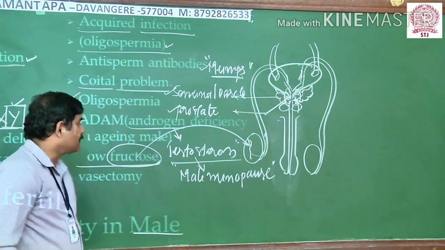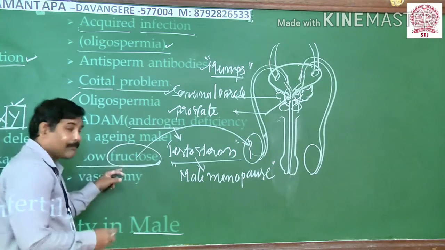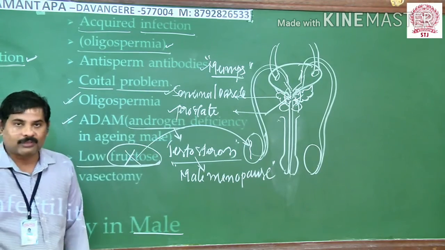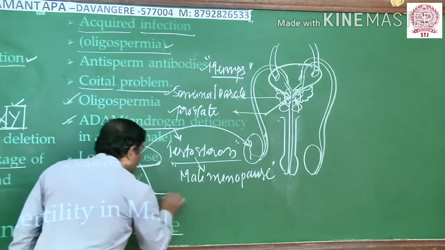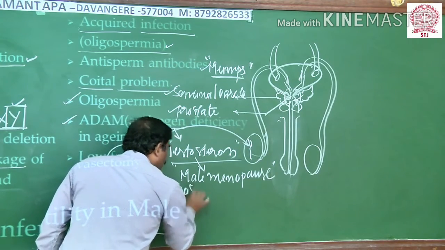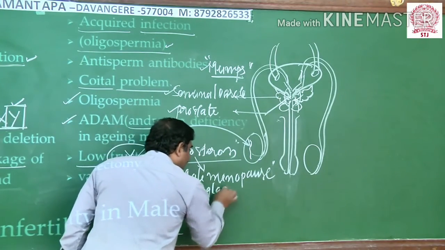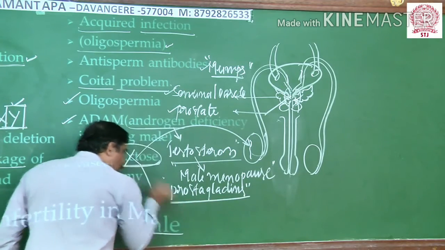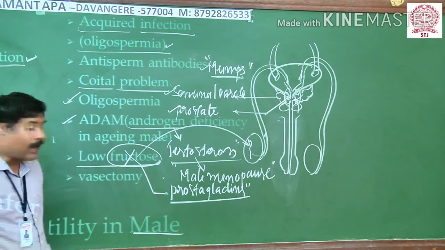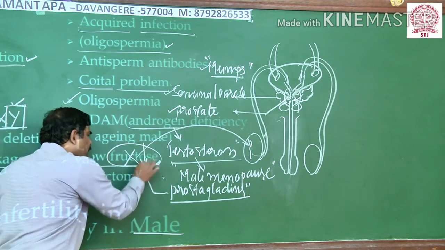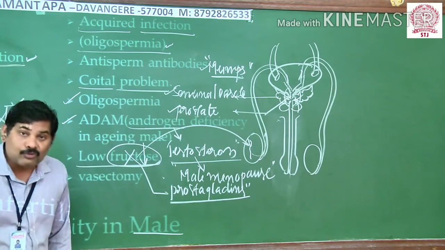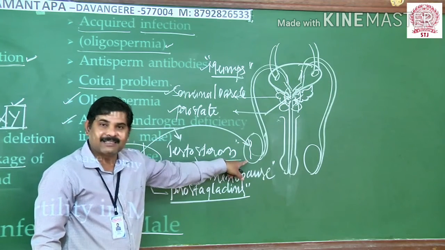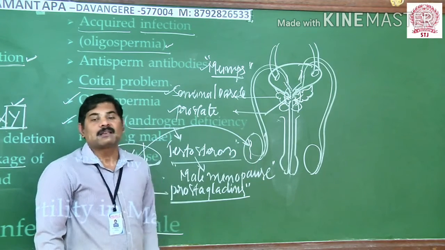But in some cases, the semen will not have this fructose. Instead, it consists of a large amount of prostaglandins and very little fructose. In these two conditions, there is no possibility of survival of the sperms within the semen.